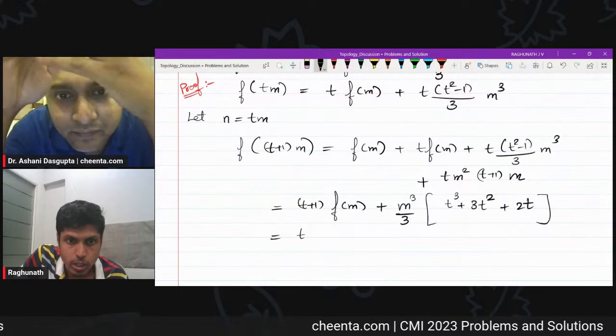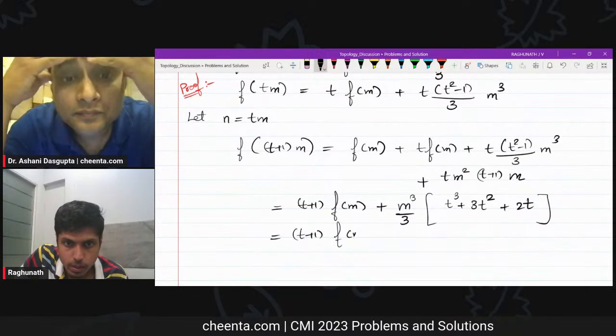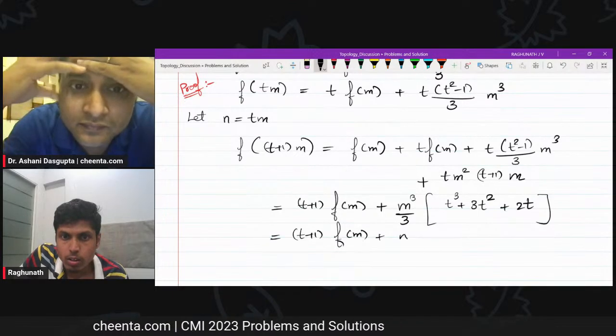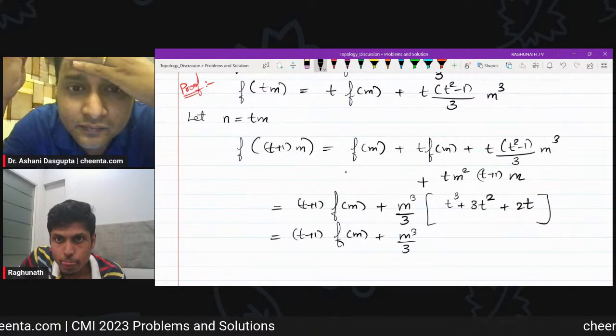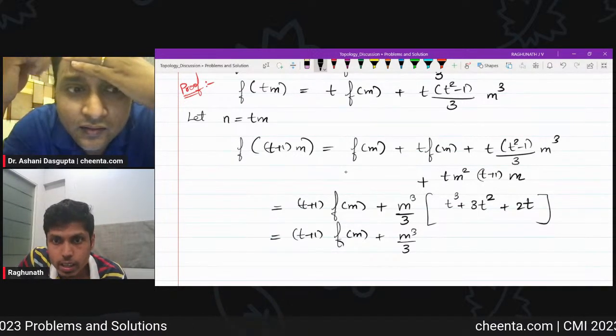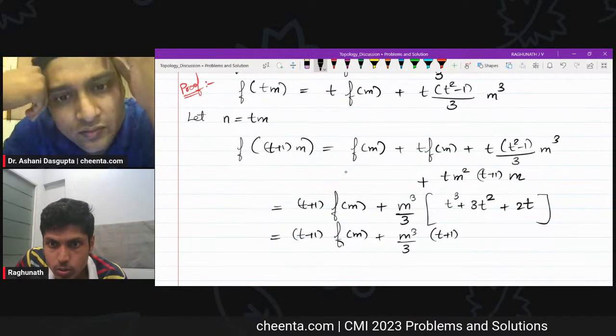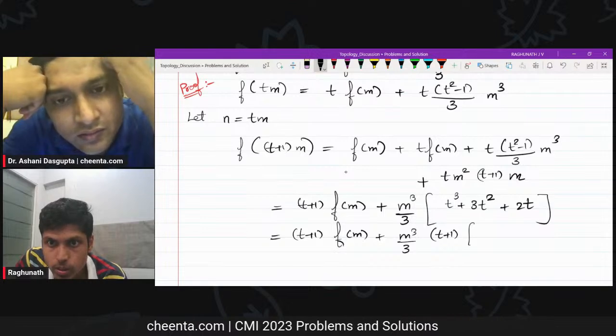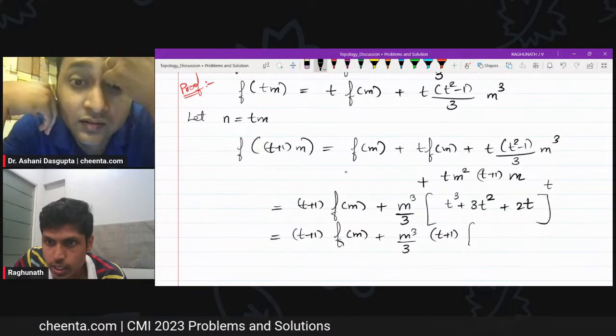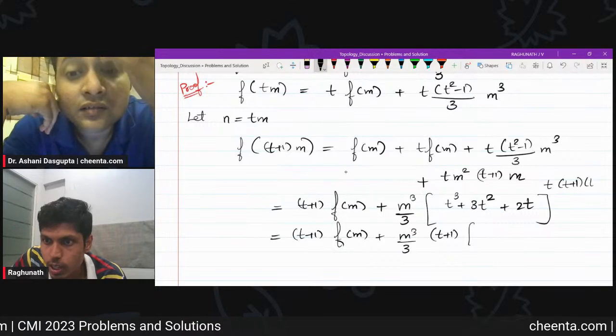So you will have t plus 1 into f of m plus m cube by 3 into, you can write this as t plus 1 into, you can take t common first and write it as t plus 1 into t plus 2.